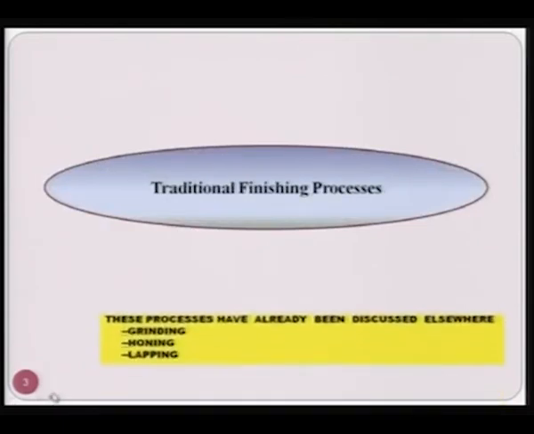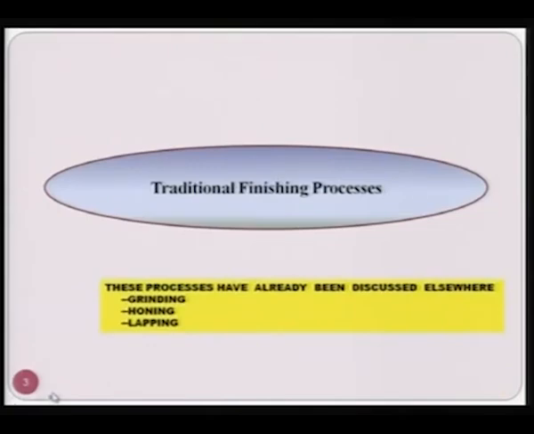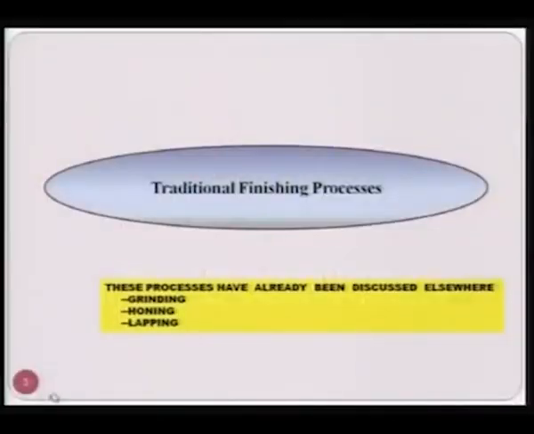Traditional finishing processes: we have already seen at some other places in some other course three well known traditional or conventional finishing processes. These processes are known as grinding, honing and lapping. All the three processes have their constraints, especially grinding has the limitation that it can be applied only for flat surfaces or cylindrical surfaces.